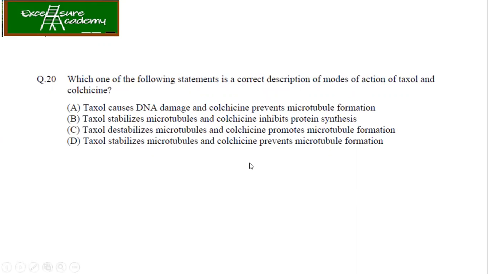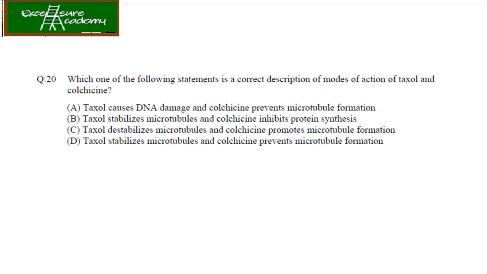Okay, which one of the following statements is a correct description of the modes of action of taxol and colchicine? Actually, taxol stabilizes the microtubules and does not allow them to form spindle fibers, and hence it arrests the cells at the M phase.